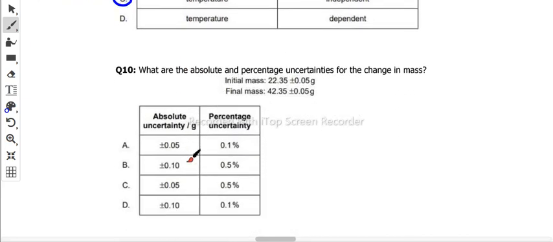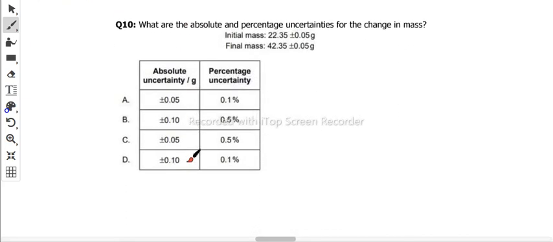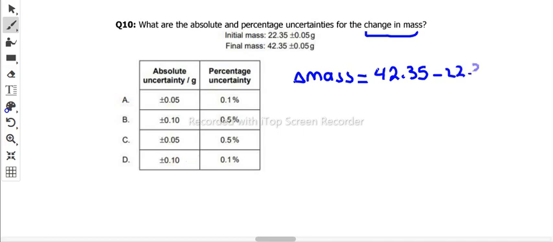Continuing with question number 10. What are the absolute and percentage uncertainties for the change in mass? The question is asking about the change in mass. Whenever we want to calculate the change in mass, definitely we're going to subtract the final mass from the initial. So it is 42.35 minus 22.35.